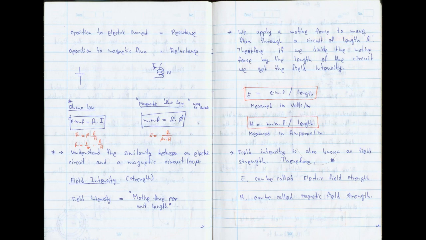Therefore, capital E can be called electric field strength. Capital H is called magnetic field strength.